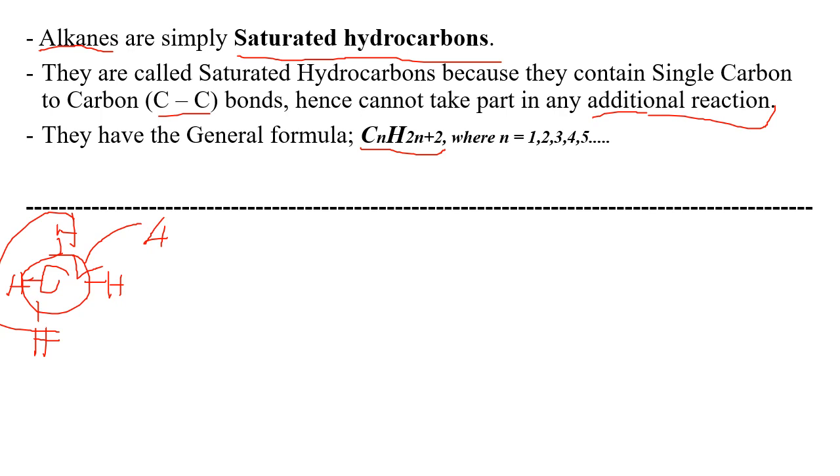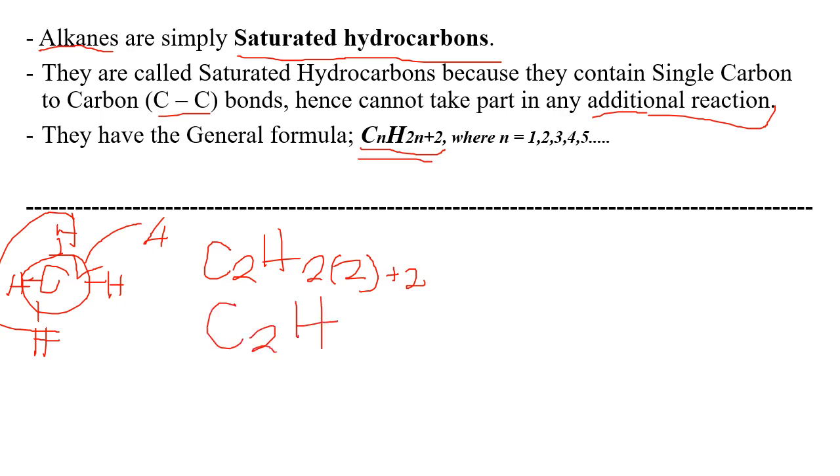So let's try to derive a 2 carbon alkane compound. A 2 carbon alkane compound will put C2H(2 in the bracket, plus 2), using this same general formula. So C2, to compute this, we have C2H, 2 by 2, which is 4, 4 plus 2, which is 6. Remember that when naming organic compounds, we used the rules where we were using the prefixes coming from the number of carbons.